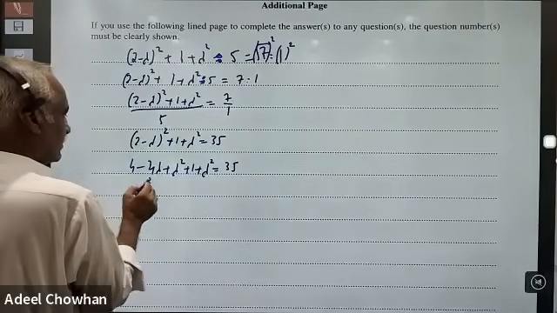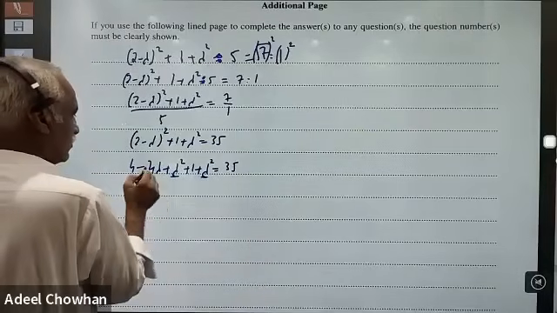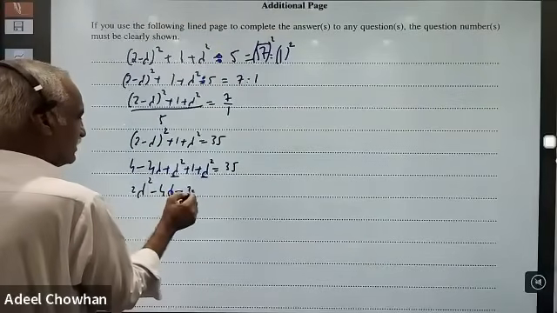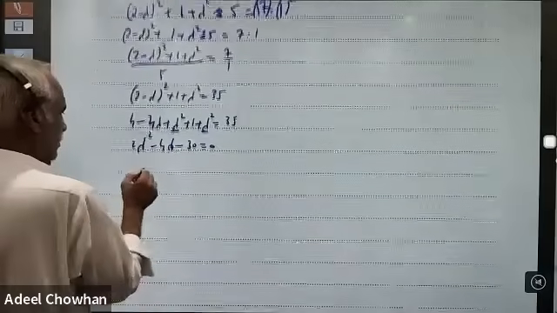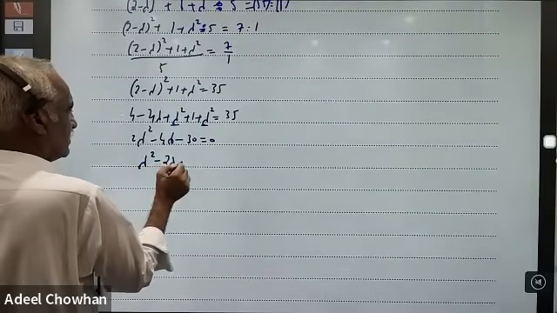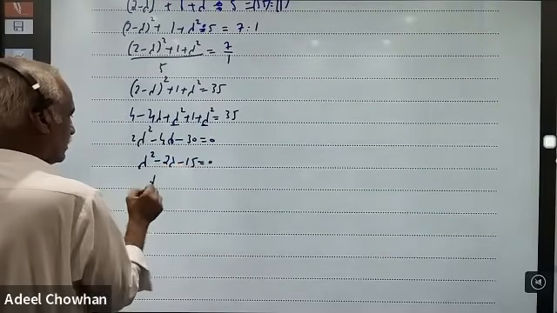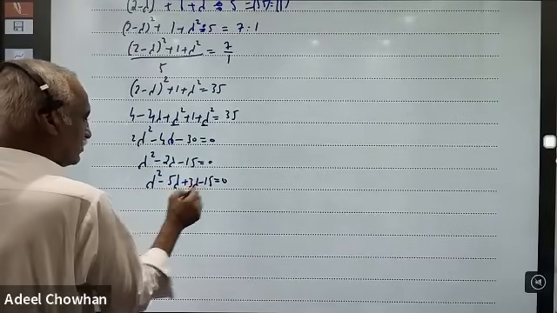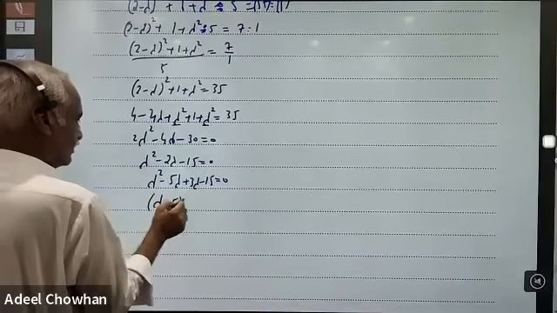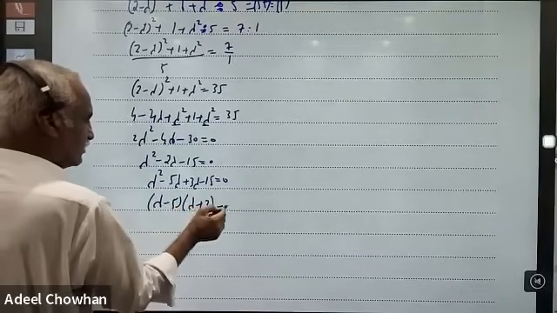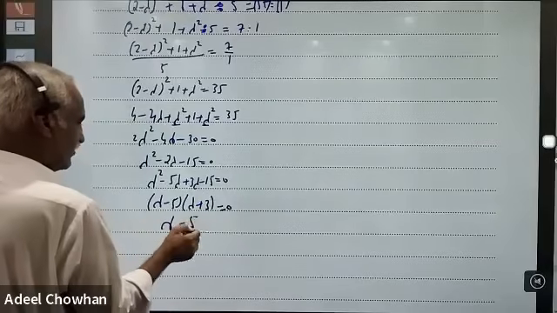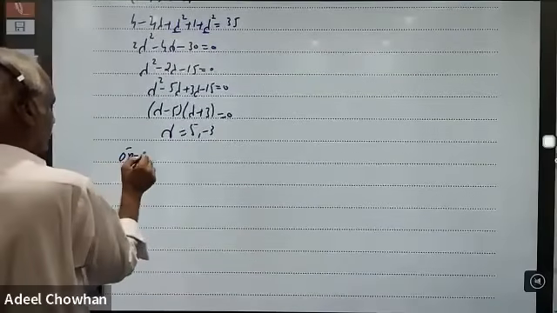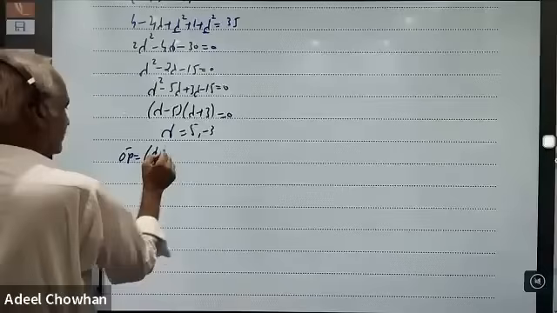Or 2 lambda squared minus 4 lambda plus 4 plus 1 is 5, minus 35, so minus 30 is equal to 0. Or lambda squared minus 2 lambda minus 15 equal to 0. Or lambda squared minus 5 lambda plus 3 lambda minus 15 equal to 0. Lambda minus 5 into lambda plus 3 equal to 0. So lambda is equal to 5 and minus 3. But the OP position is (lambda, 0, -lambda).